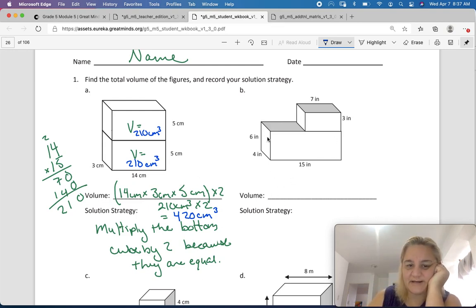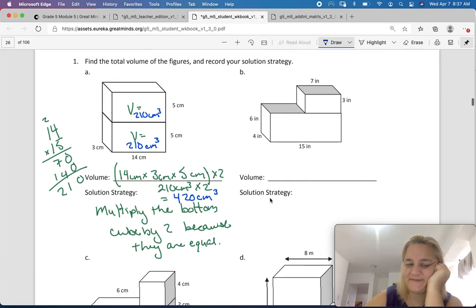Okay, so here we're going to have to create a different strategy, because they are definitely 2 different sizes.